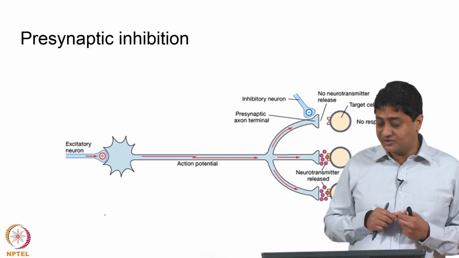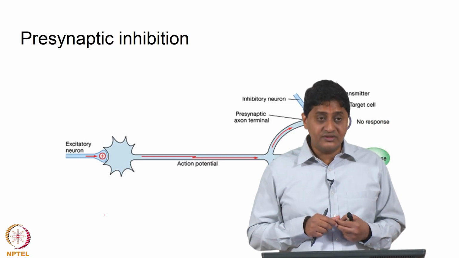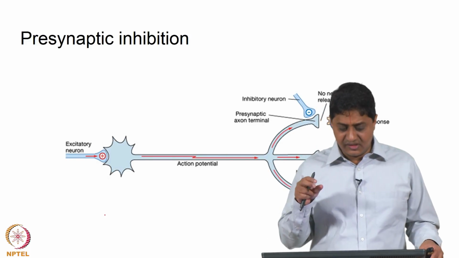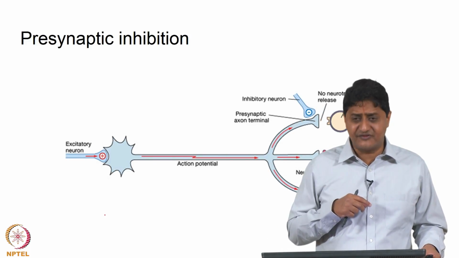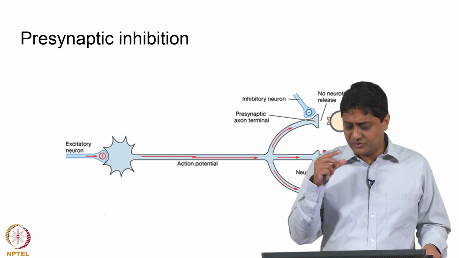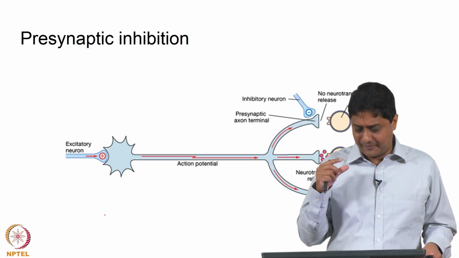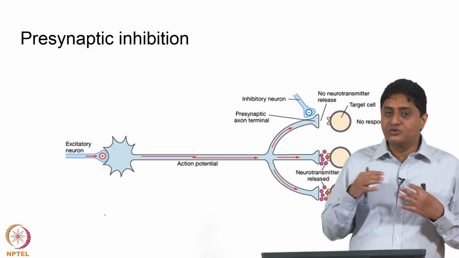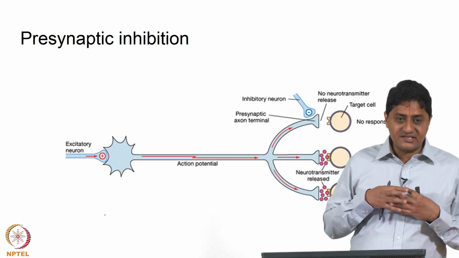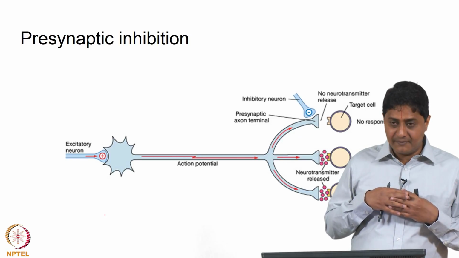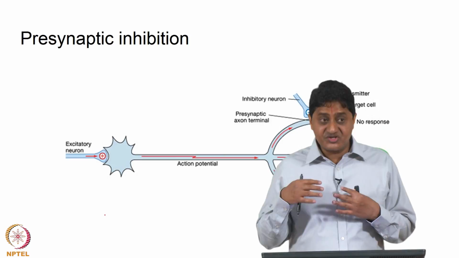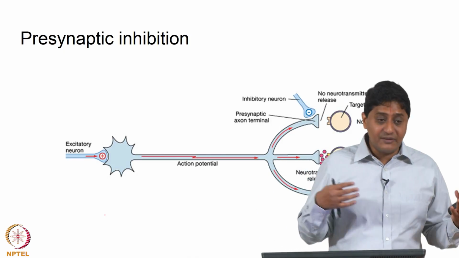To understand how this functions, we need to know how the release of neurotransmitter itself functions. We said that neurotransmitter release is due to the presence of calcium channels on the presynaptic cell, which let calcium in whenever an action potential, whenever depolarization arrives.